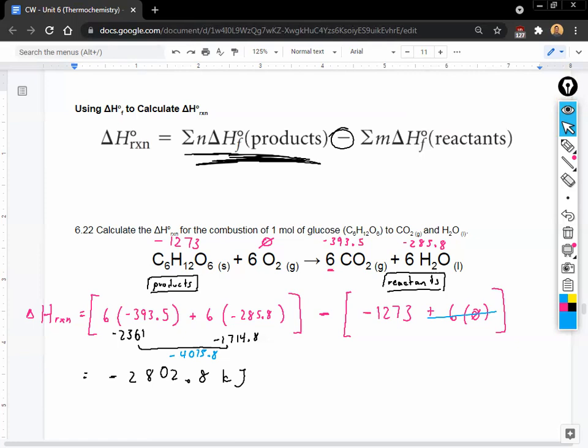Dang, there's a Hess's Law calculator. This is crazy, man. Y'all know Wolfram Alpha? It's this crazy monster calculator that's online.